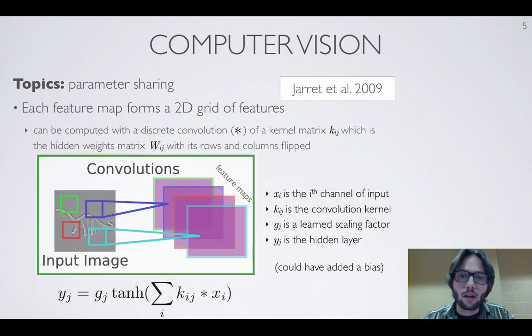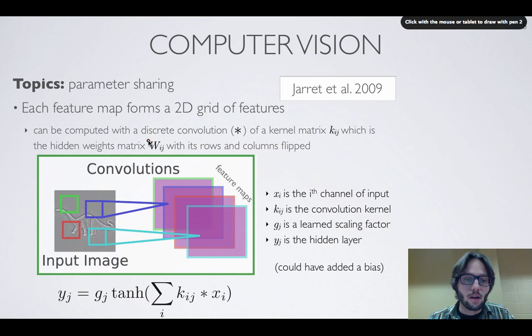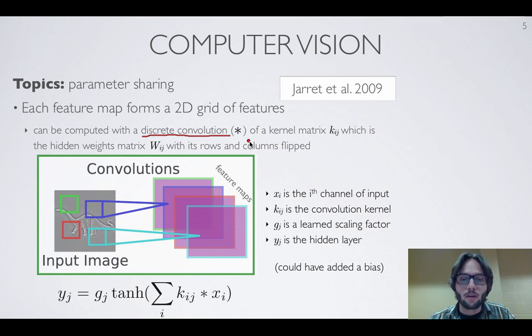So putting the local connectivity and the parameter sharing ideas together, it means that the computation of these feature maps actually corresponds to computing a discrete convolution, which is a notion taken from signal processing. This asterisk symbol is the symbol for that operation.